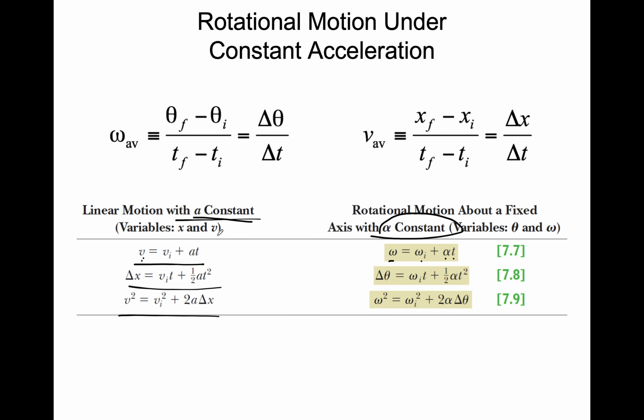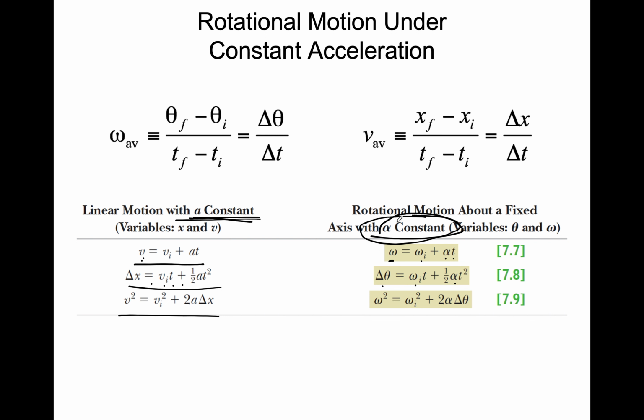And then we can derive for constant acceleration motion, displacement equals initial velocity times t plus 1/2 a t squared. In constant angular acceleration motion, displacement equals initial angular velocity times t plus 1/2 angular acceleration t squared. There is a one-to-one correspondence.